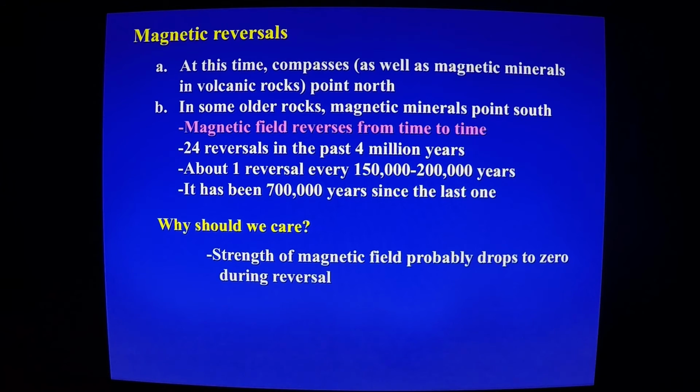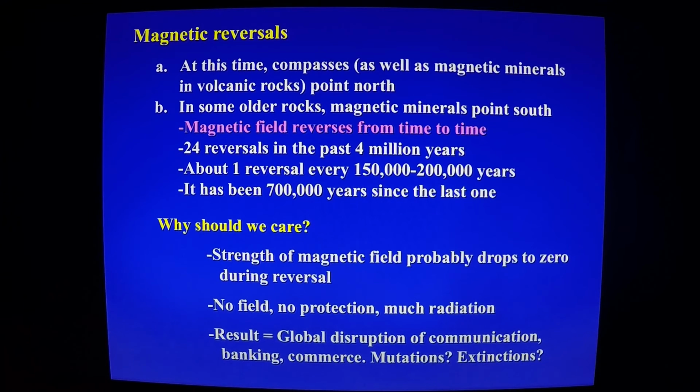Well, if you think about that from a protection standpoint, if the Earth loses its magnetic field for a little while, then it loses its magnetosphere, and it loses its ability to protect us from radiation in space. So you have no magnetic field, no protection, a lot of radiation, and the concern is that maybe that could do something to life forms. Maybe it could cause extinctions.